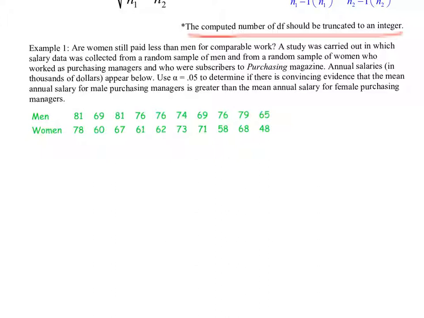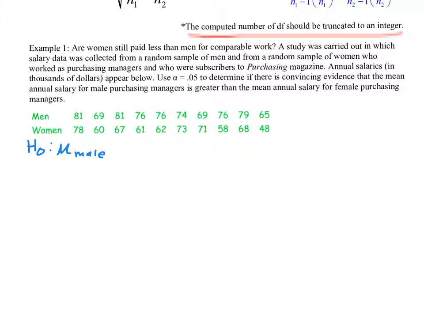So H0 is going to be that. The way they word it, they ask us to find if there's evidence that male purchasing managers earn more. So I'm going to write mu for male. And it's always a good idea to use subscripts that indicate which mu it is. That way you don't have to make another line and say what mu1 is and what mu2 is.